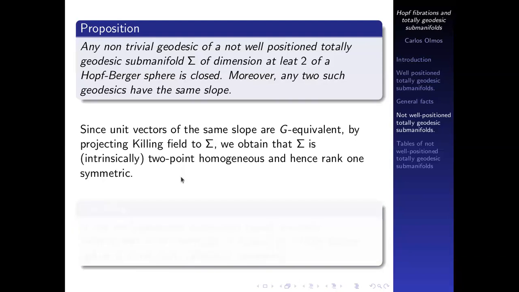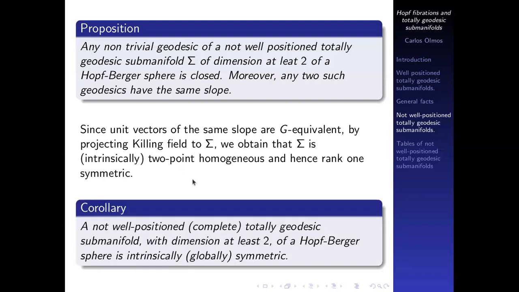So instead we just project Killing fields, and we obtain that it is 2-point homogeneous and hence rank 1. A corollary: a not well positioned totally geodesic submanifold of a Hopf-Berger sphere is intrinsically symmetric. This was a very strong fact that we have applied to our characterization.